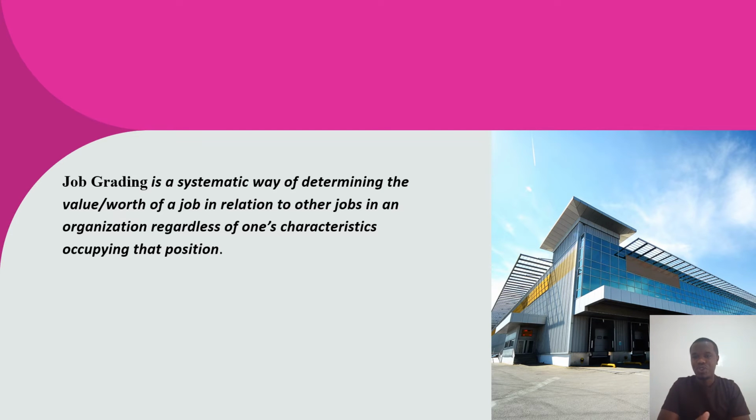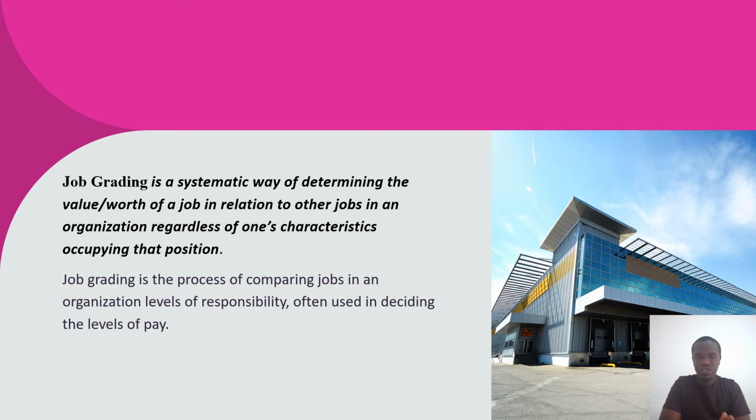So how do you determine which job is more important than another in an organization? How do you grade them? You can classify different jobs in an organization, but what you should note here is that we don't grade people. We don't grade workers, we don't grade employees, we just grade the job, in relation to another job.